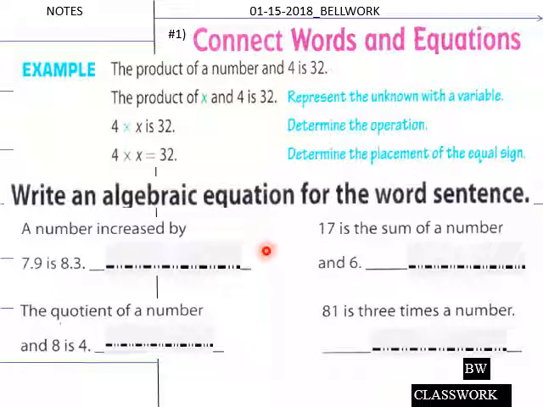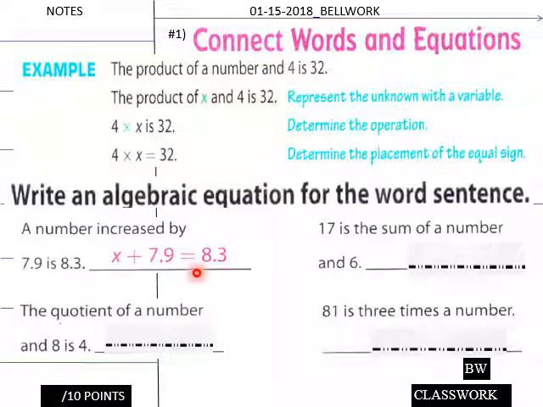Okay, welcome back everybody for today's answers. Today's bell work: a number increased by 7.9 is 8.3. What would be the algebraic equation for that? It would be x plus, because plus is the increase, 7.9 is, here's your equal sign, is a verbalization of an equal sign, 8.3.